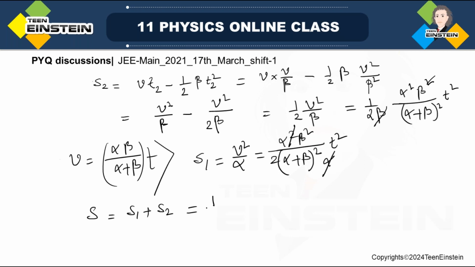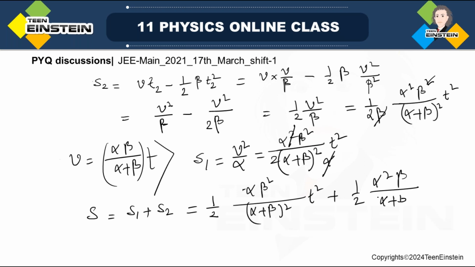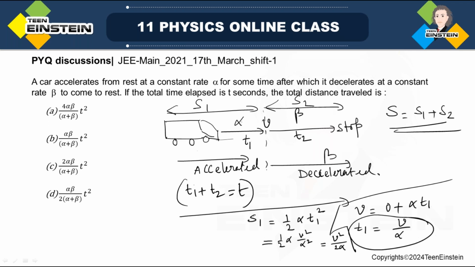So s1 is half alpha beta square divided by alpha plus beta whole square into t square. Further, s2 is alpha square beta by alpha plus beta whole square into t square.